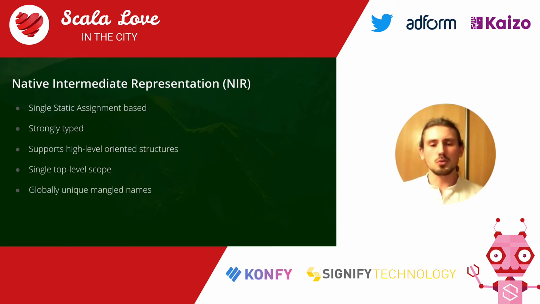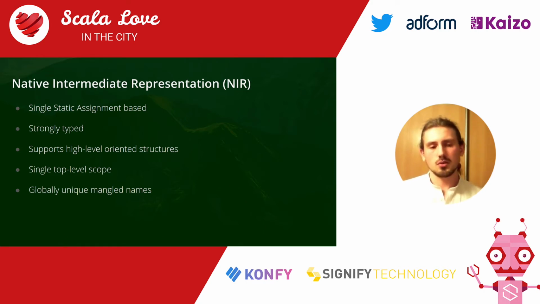So, for example, if you want to mutate some state, you need, for example, to stack allocate some value and then update the pointer, which is created underneath. In NIR itself, as well as LLVM IR, there are no explicit types, for example, for pointers. All of them are created basically at compile time in LLVM.